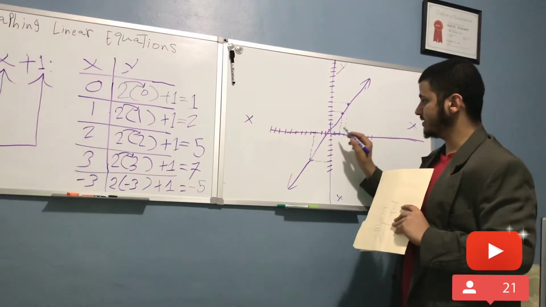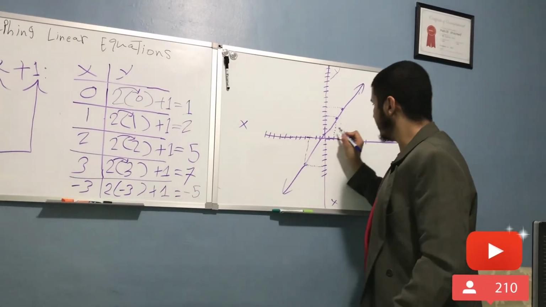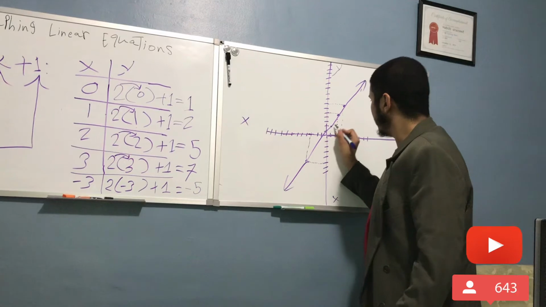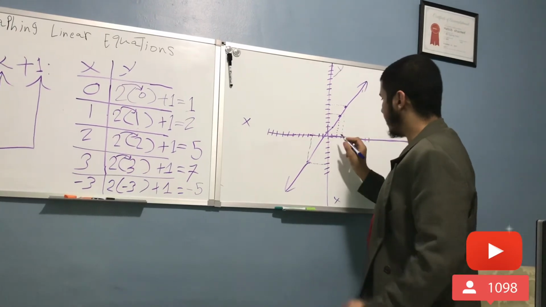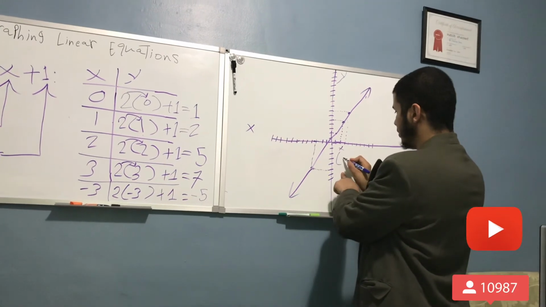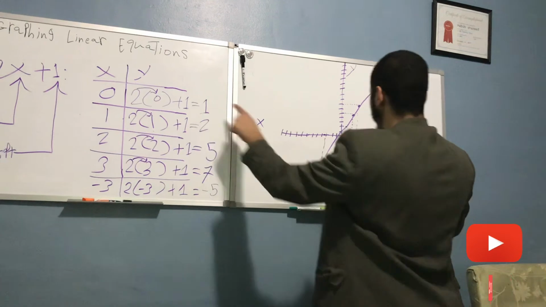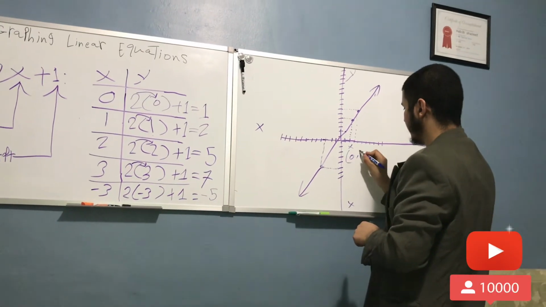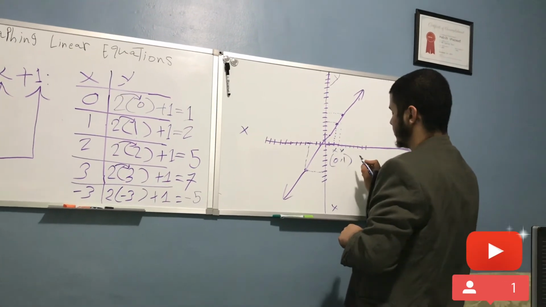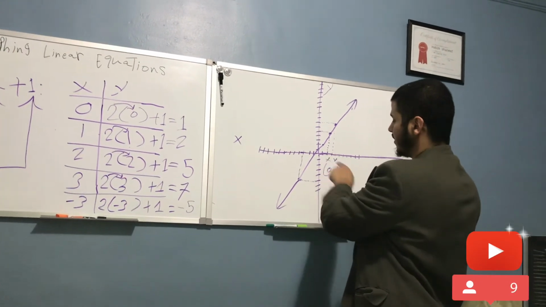So now we're going to specify the points. Where is the point? Here is 1, and here is 2, 3, 4. For this one, I have the x-axis at 0, and in the y-axis I have 1. I'll put it here. This is the first point.